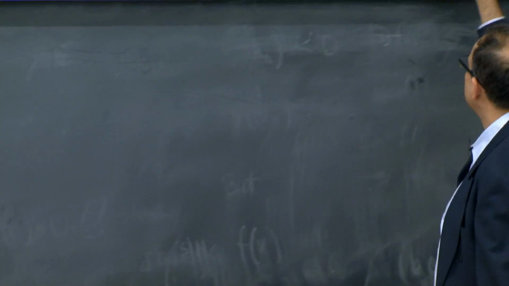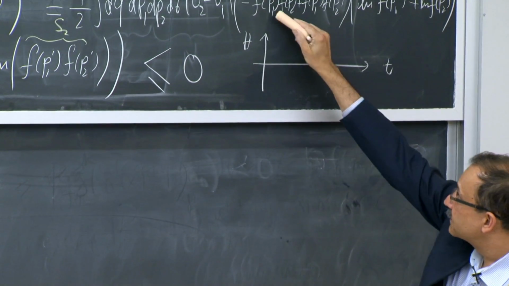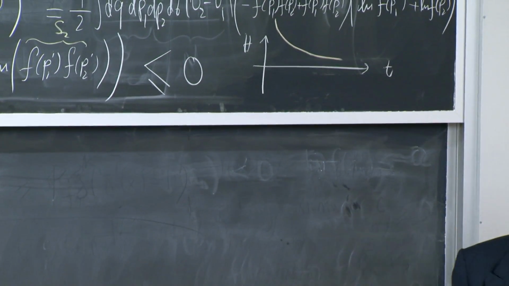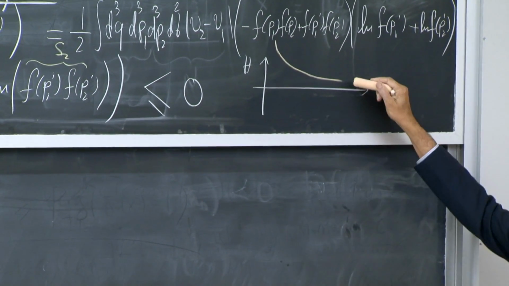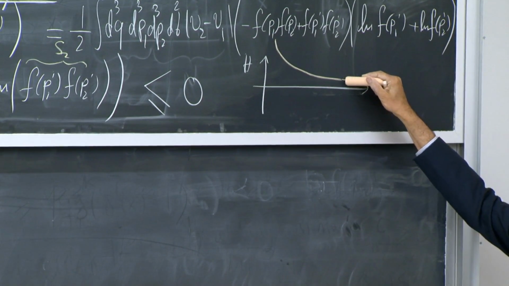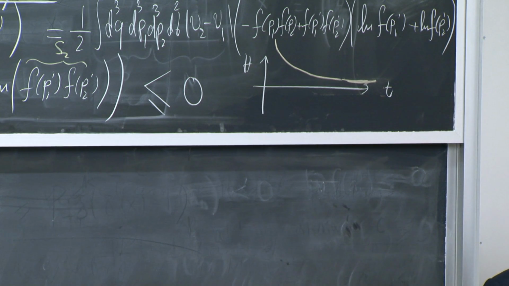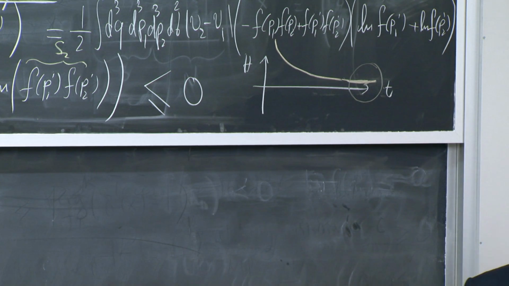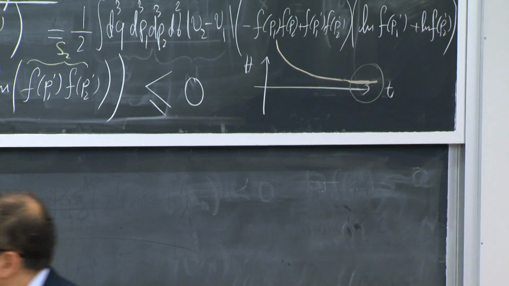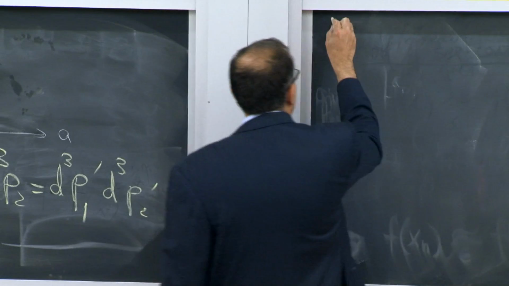We said that this H as a function of time is going in one direction. Presumably, after some time, we don't know how long yet, and that's a good question, eventually, hopefully, it will reach equilibrium, like the entropy will cease to change. And the question is, what is this equilibrium? So let's see if we can gain some information about equilibrium.